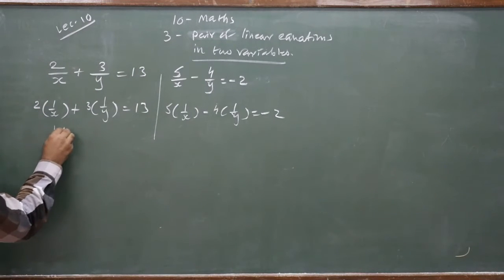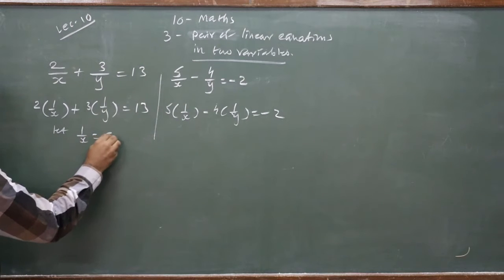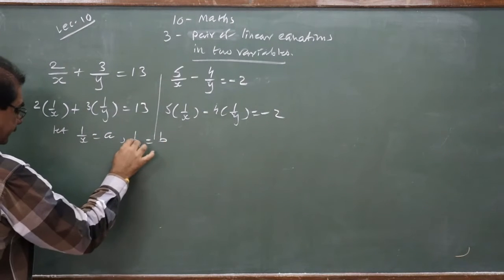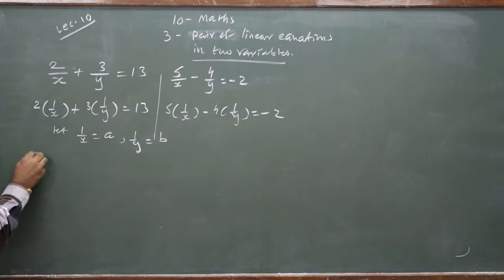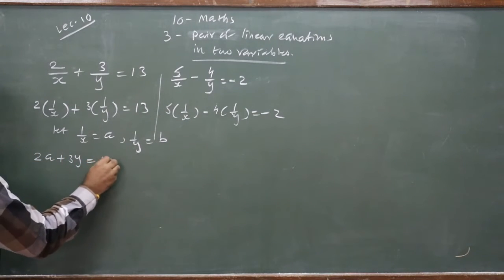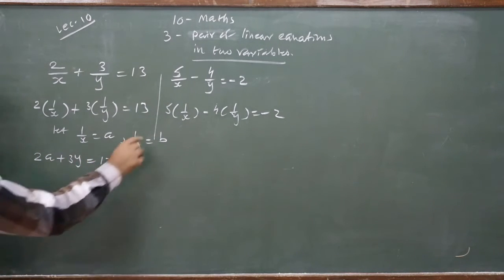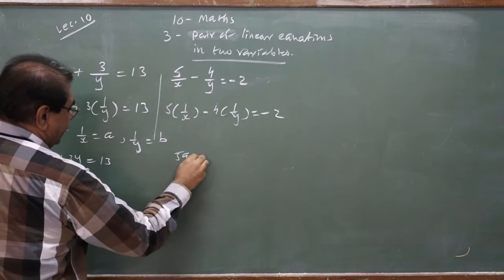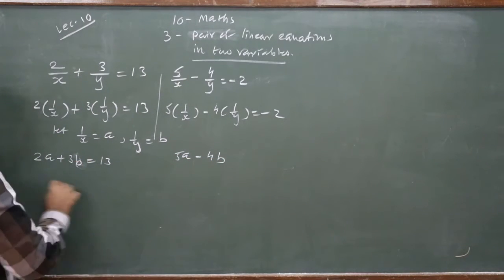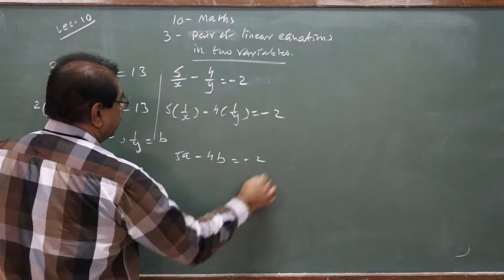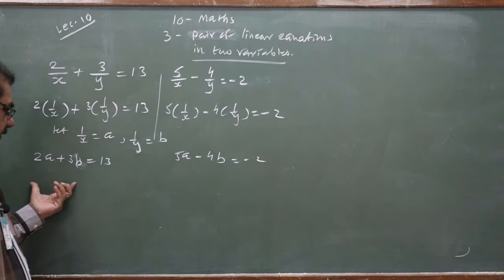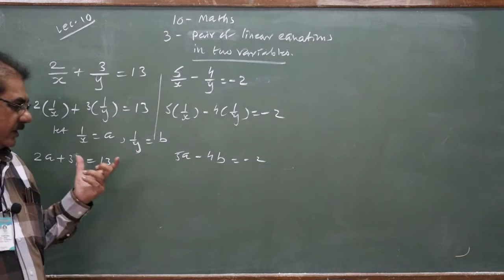So let 1 upon x is equal to a, 1 upon y is equal to b. So it is 2a plus 3b is equal to 13. And second is 5a minus 4b is equal to minus 2. Now the equations I have brought to you, now you can solve them with your required method.